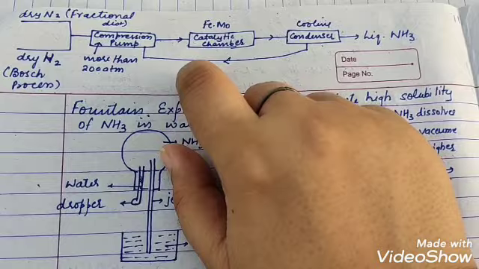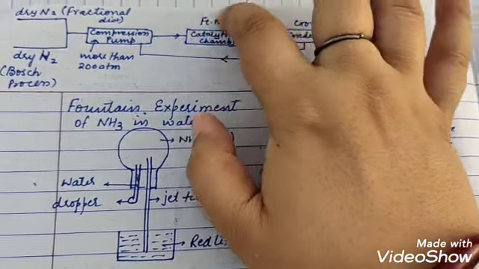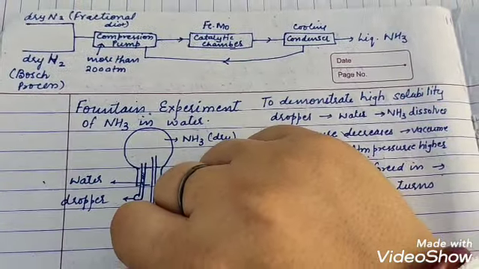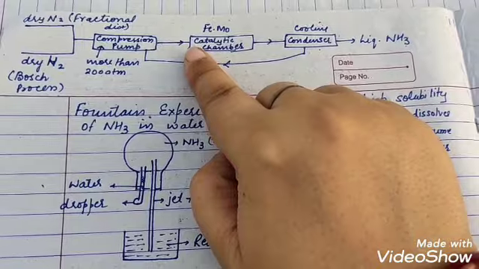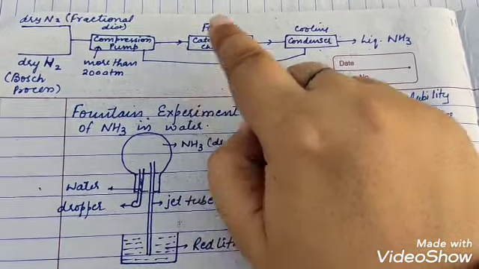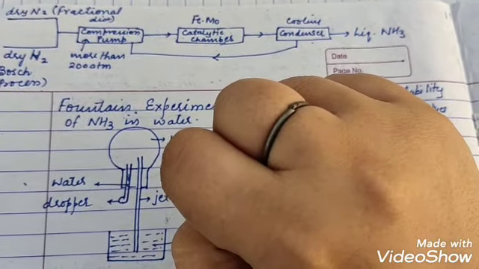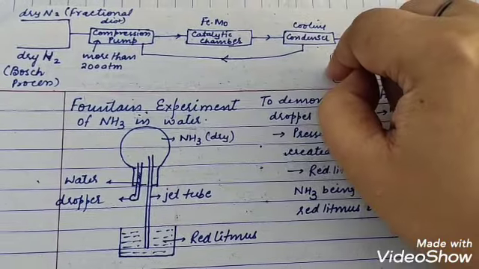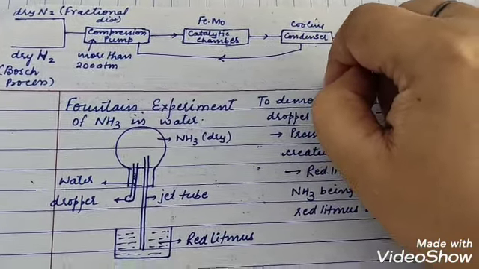Those impurities present in the unused nitrogen and hydrogen can poison this catalyst. That is why the removal of catalytic poison is necessary, and then we can use the unused nitrogen and hydrogen. And if we use the unused nitrogen and hydrogen, 98% yield can be achieved.